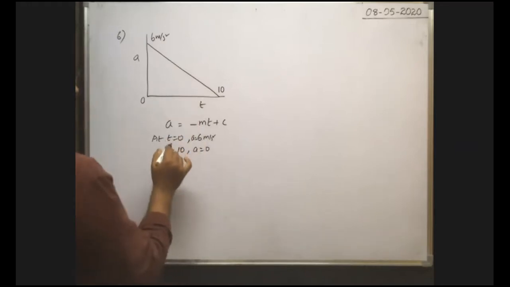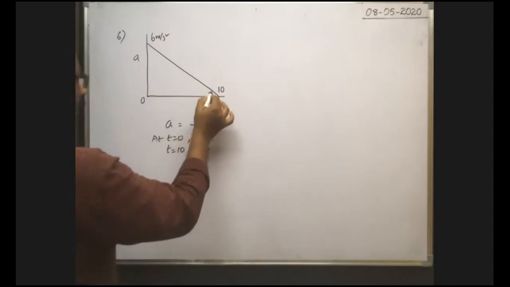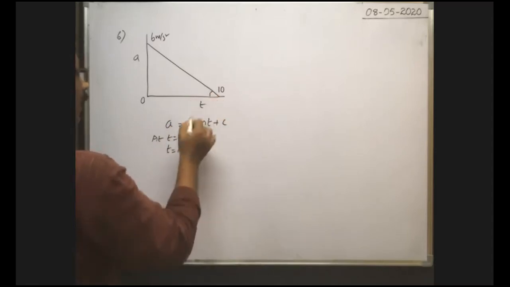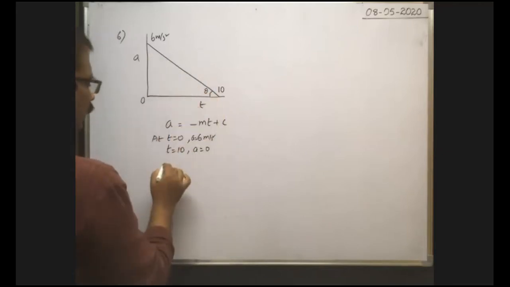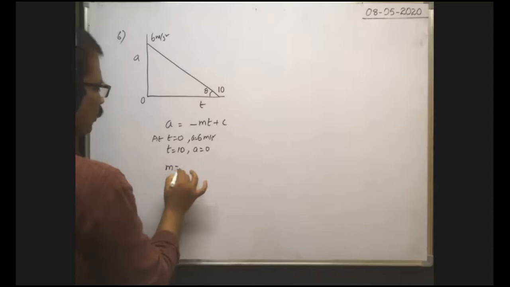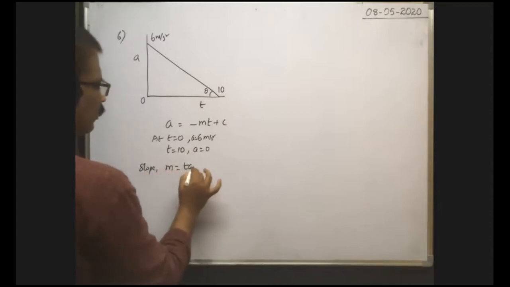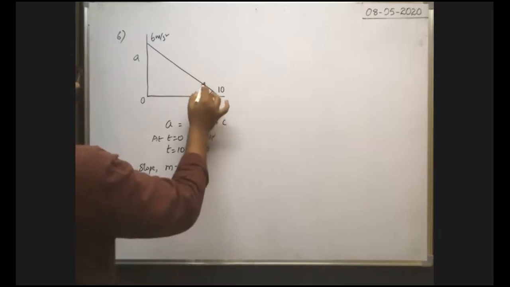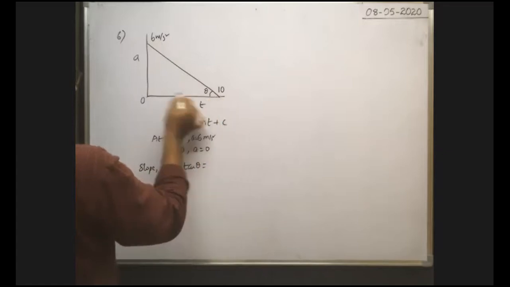First of all, what is the slope of this straight line? No doubt it is having negative slope. What is the slope of this straight line? Tan theta, m is equal to slope, which is equal to tan theta, which is equal to opposite by adjacent. Opposite value means 6, adjacent means 10 minus 0, 10.